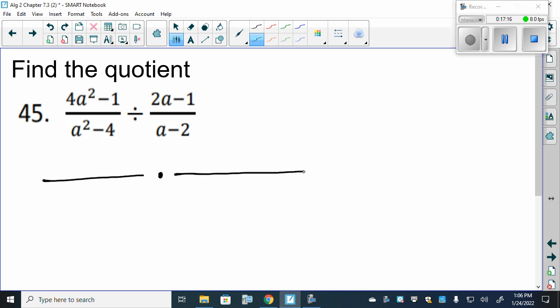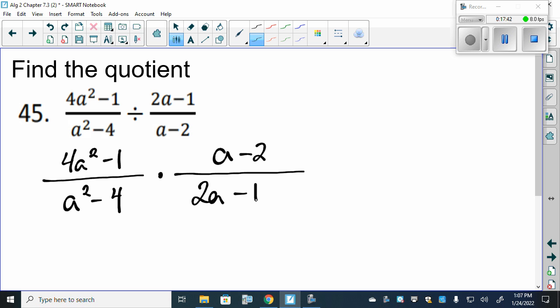So the first thing that we'll need to do is to change this from division to multiplication. And the first one will stay the same, so we'll get 4a squared minus 1 over a squared minus 4. The second one's going to be a minus 2 over 2a minus 1.